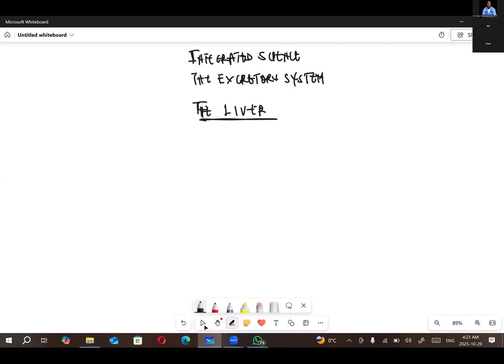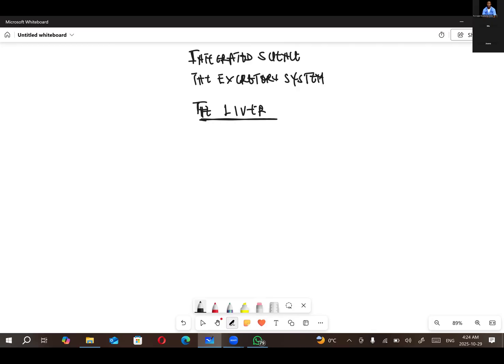So the liver is the largest internal organ in the body, as we discussed yesterday. It's located in the upper right portion of your abdomen, when we talk about your abdominal cavity. I believe you know which part we're discussing.